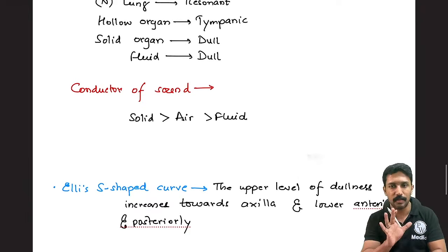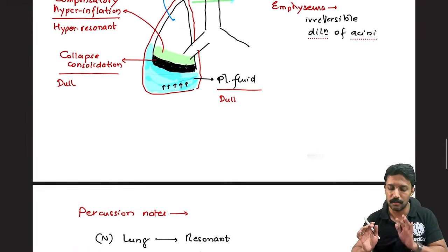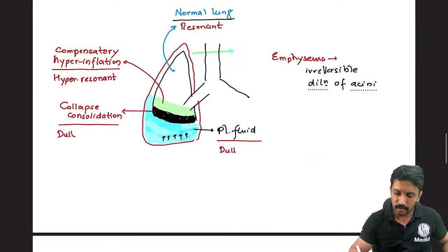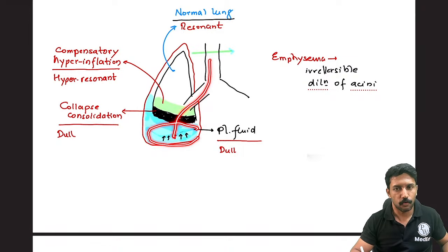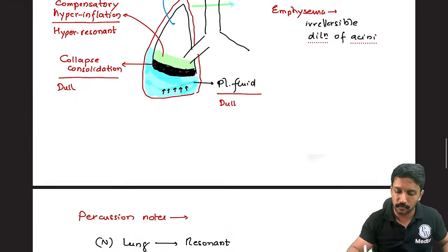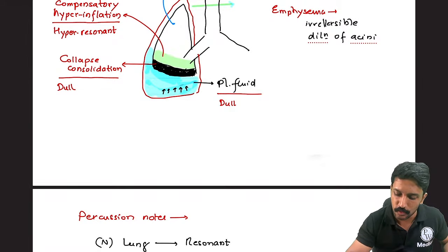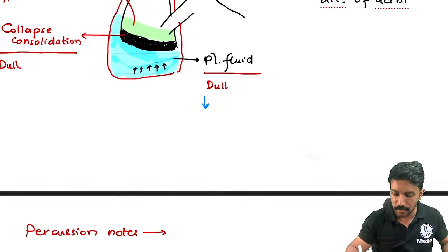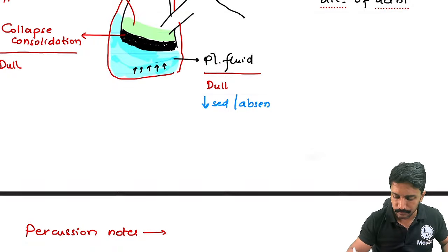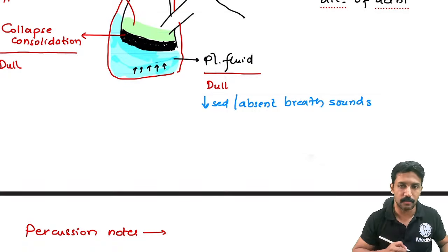Okay, this is important for us to understand the auscultation findings. So here fluid is there, so the sound that is coming from the lungs will not be able to be conducted. So what will happen here? We will have diminished or absent breath sounds.